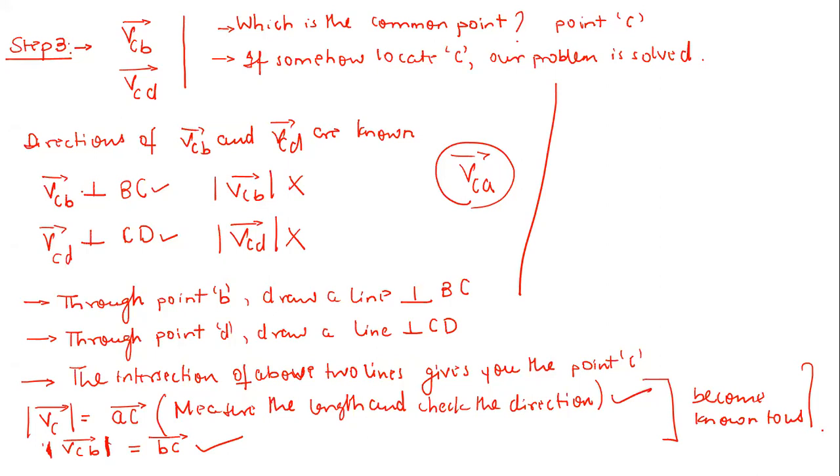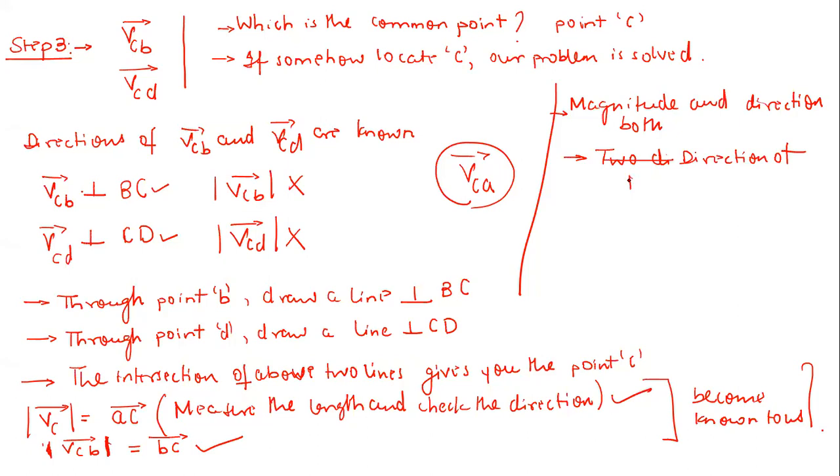After some practice, you will become an expert. Just remember two things: it is possible to draw the entire graphical analysis if either you know the magnitude and direction both of a vector, or you know the direction of two vectors.